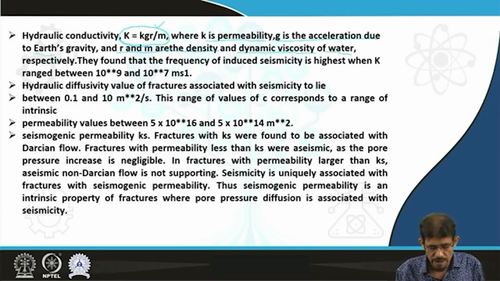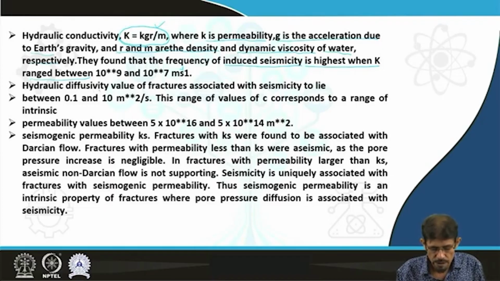Regarding this, under certain specific conditions, we found the induced seismicity is highest when K ranges from 10 to the power minus 9 to 10 to the power minus 7 meter per second.